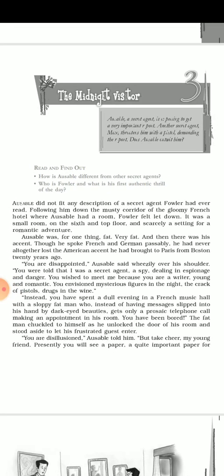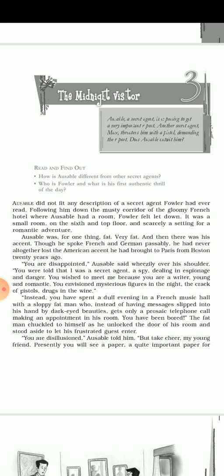As he is a secret agent, Ausable was expecting to get some very important report. He was in his place, maybe in his room. Another secret agent named Max also wants that same report, but not by fair means.